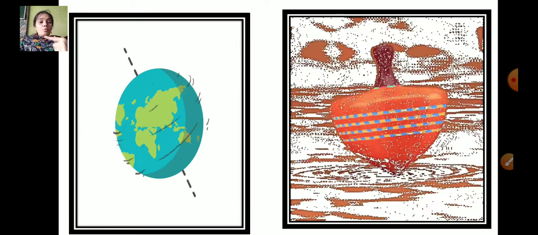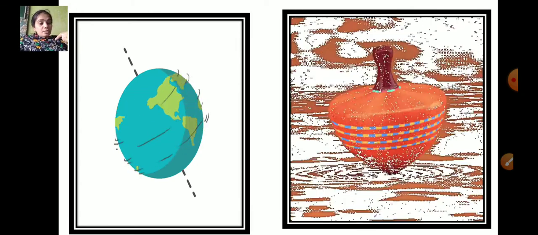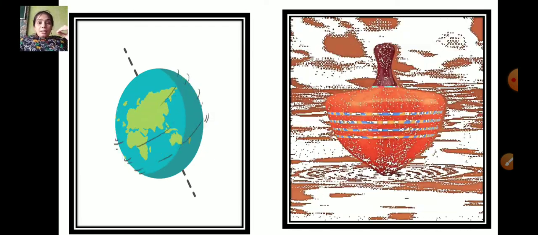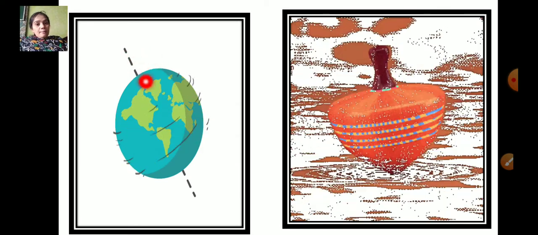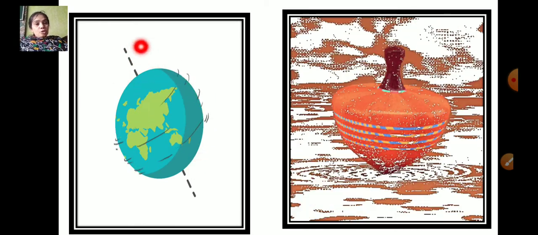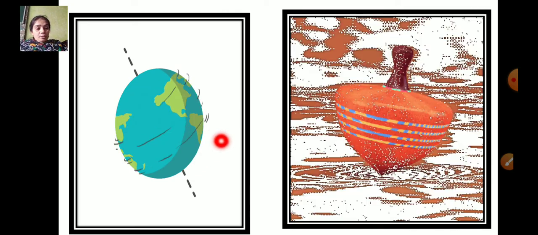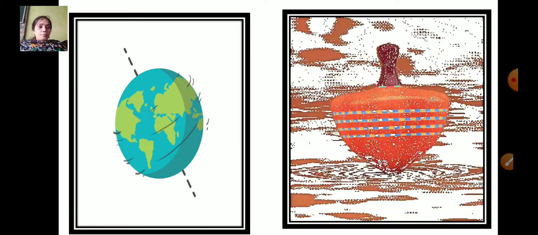The spinning movement of the earth is called the rotation. And what is called the axis of rotation? The imaginary line which passes through the North Pole and the South Pole of the earth is called the axis of rotation.